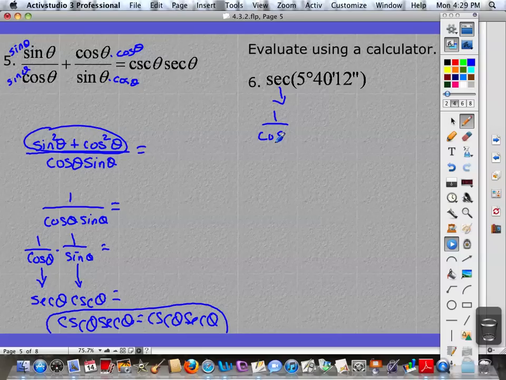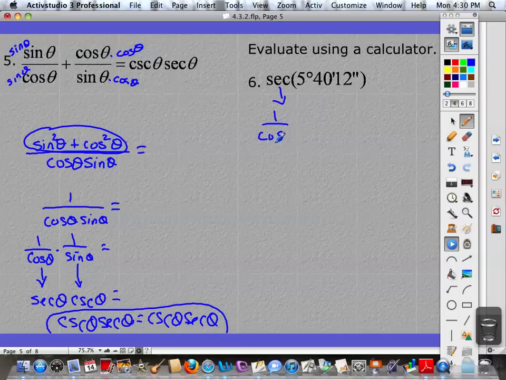So I've got to go through all my menus here. Once I get that value, remember, I'm going to have to take the reciprocal.